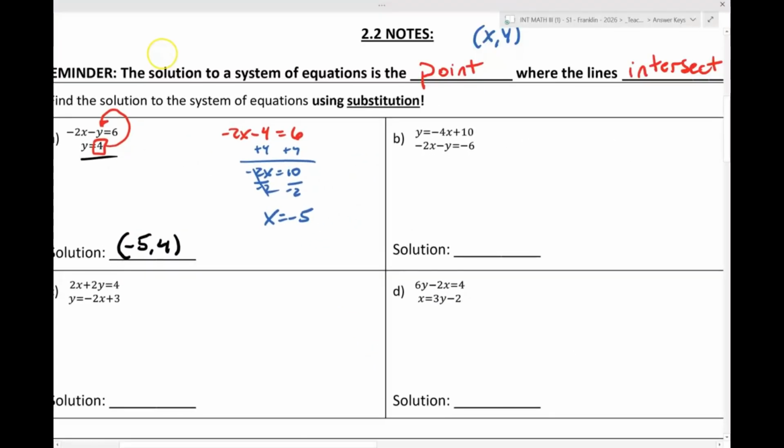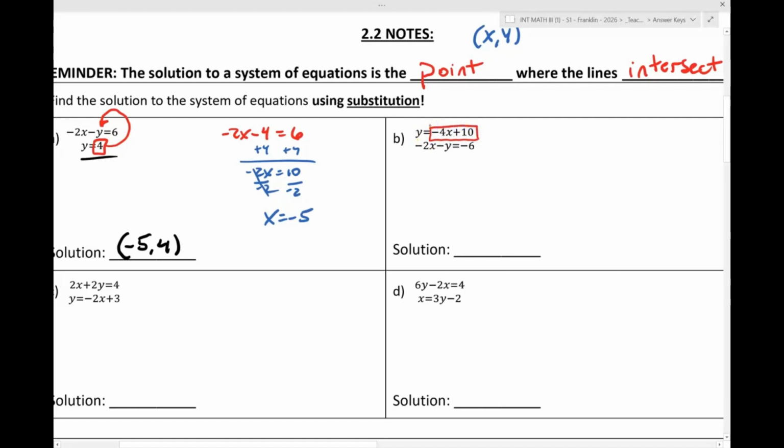Now, they won't always be that easy. For example, example B here, we have y equals negative 4x plus 10 and negative 2x minus y equals negative 6. Now, what you want to realize is that substitution is a pretty easy method if one of your equations is already solved for one of your variables.